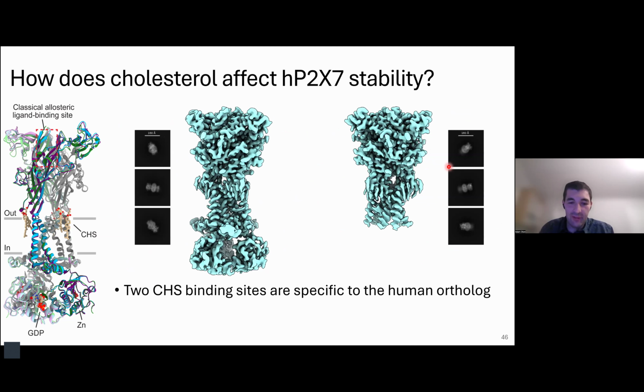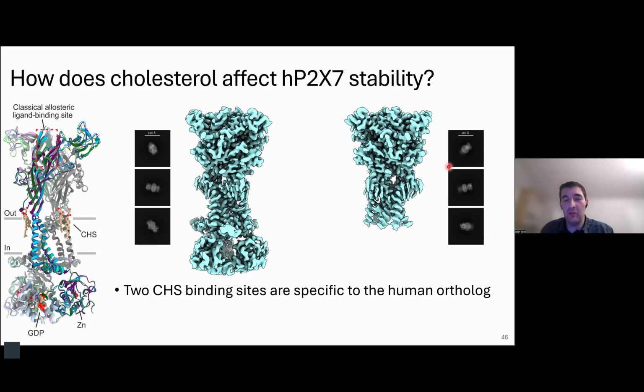So while processing the human P2X7 data, it became apparent that there are two distinct reconstructions that I'm able to see. And this depends on the purification conditions I use to purify the human P2X7. And we see these two reconstructions as a ratio across data sets. Interestingly, it depends on the amount of cholesterol I use through the purification.